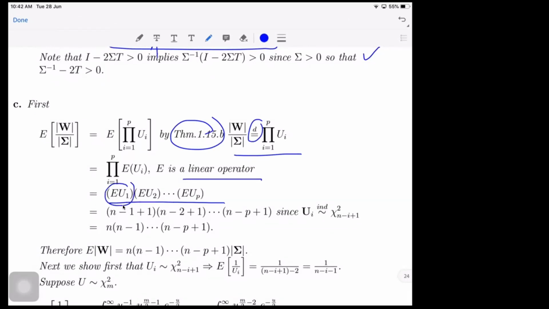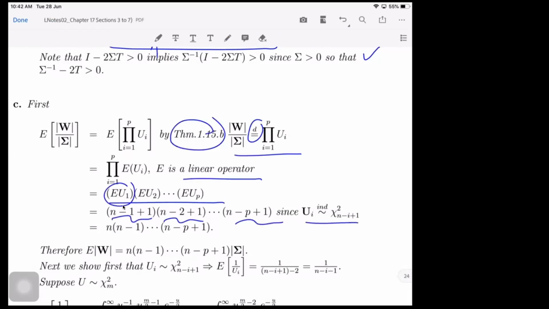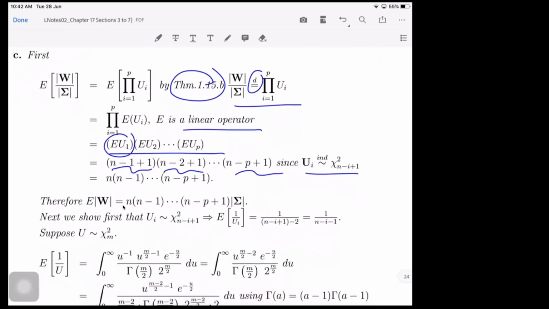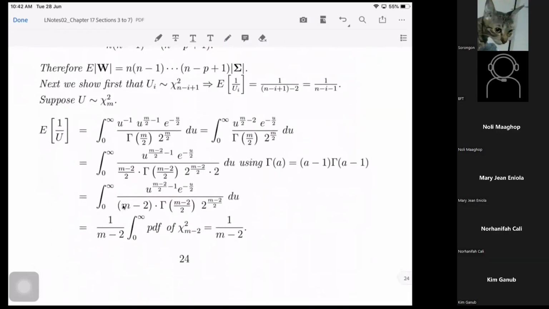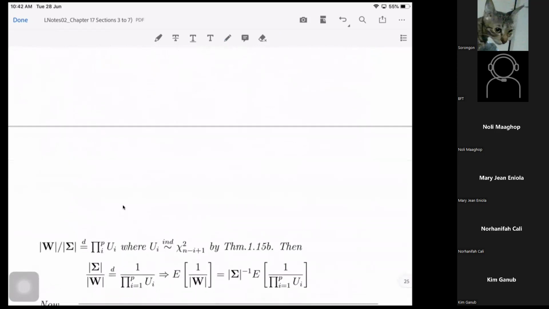But the expected value of UI, since it is chi-square, will be equal to its corresponding degrees of freedom. So that you will have that. And then this uses the density function. So just look into it.